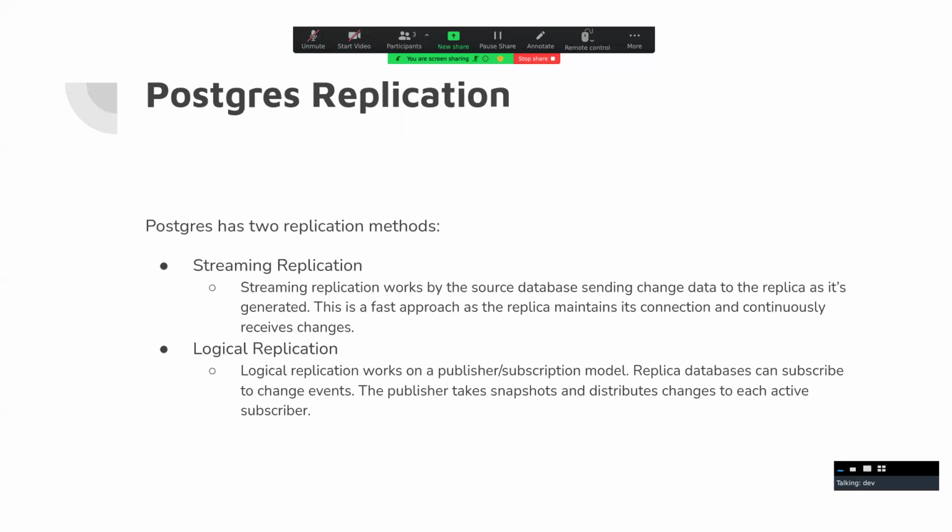I guess Postgres knows what's connected to what, and events will just be streamed to the followers as they come in. Then you also have logical replication. I'm guessing the reason they have this is if there was ever a connection severed between the databases, you'd still want a way to recover.